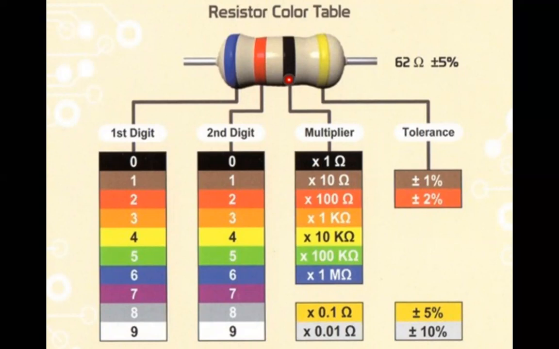We have to measure from the side opposite to the gold or silver. So these are the first digit numbers, the second digit numbers, and these are the possible multipliers with a tolerance of plus or minus 5% if it is gold, and plus or minus 10% tolerance if it is silver.